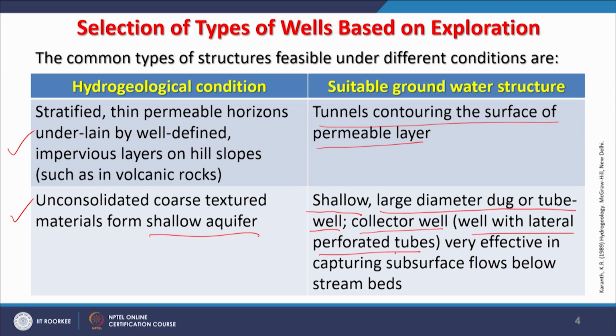Sometimes this is one of the solutions in such hydrogeological conditions. A collector well will collect the water, and then from some other place you can take out that water.